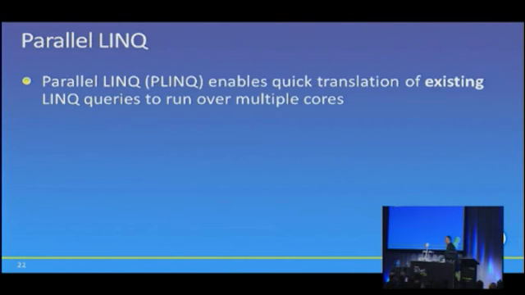So Parallel LINQ, let's go quickly into what it is and how to get the most out of it. For those of you who were in Ivan's talk last night, you should be remembering one thing today. But Parallel LINQ enables a quick translation of existing LINQ queries and allows them to run in parallel.